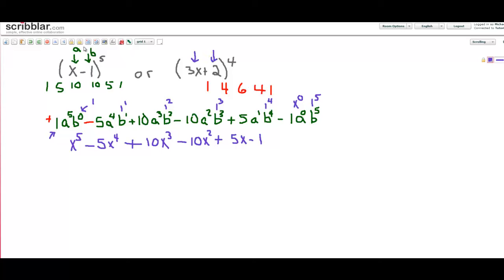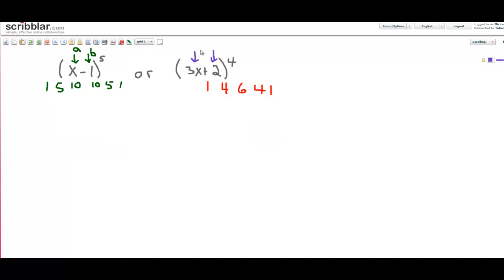All right, so let's clear up this a little bit. Now this time the a is 3x, and the b is 2. But now we don't have to go as far because our exponent is 4. Since our exponent is 4, we're at the level above what this one was, so it's a little less complicated.